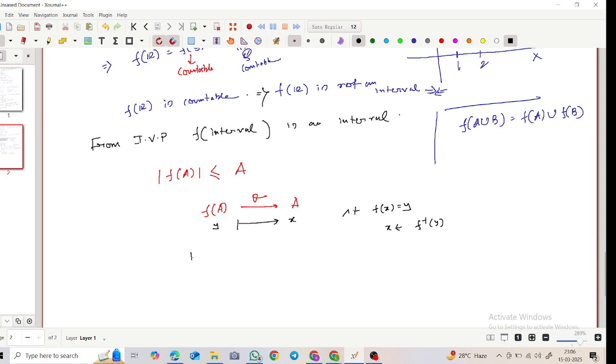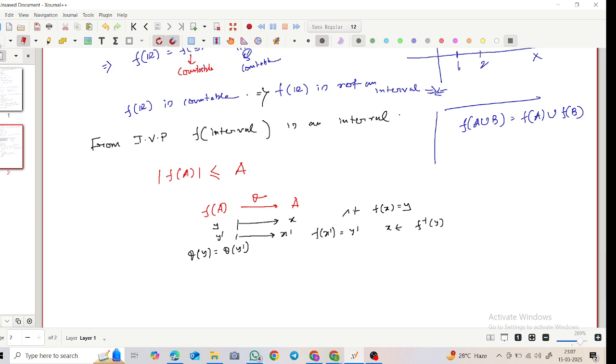Now if theta y is theta y prime, then what am I getting? Suppose y is mapped to x and y prime is mapped to x prime, with f of x equal to y and f of x prime equal to y prime.